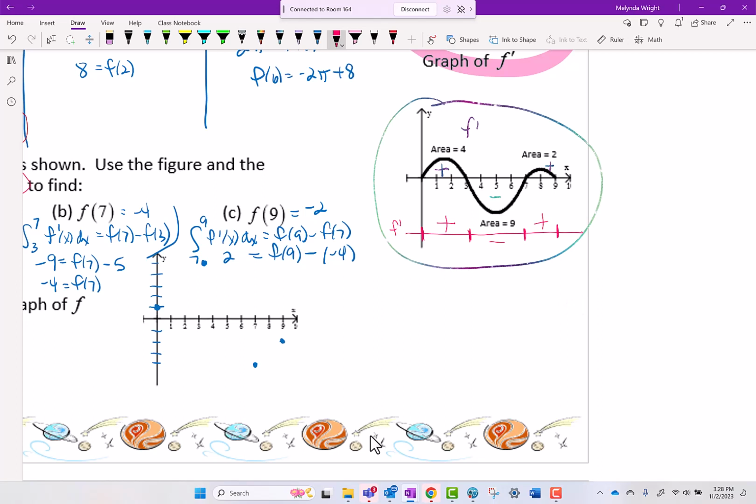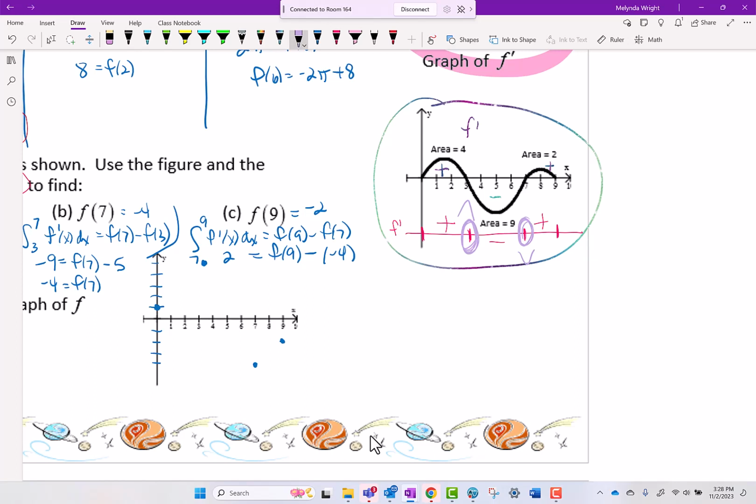So, first derivative test for relative extrema, we have that in our brains, right? What do I have going on right here at 3? I have a relative maximum, don't I? And what do I have going on at 7? A relative minimum.